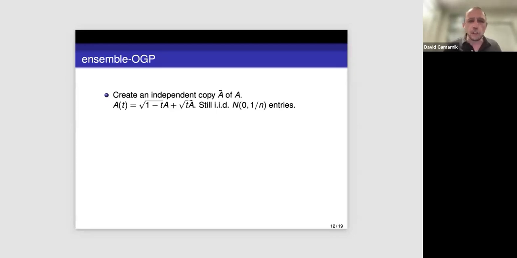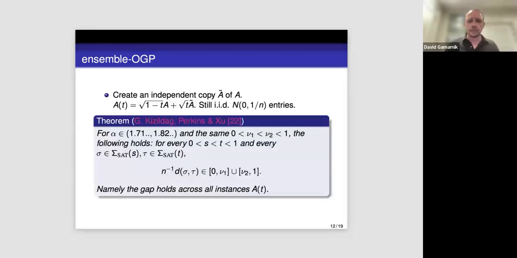Then you create a flow from A to A tilde, which is A of t. This is the standard Gaussian flow from one Gaussian matrix to another, which shows up in many Gaussian analyses. It's easy to see that every A of t is Gaussian, so it's a legitimate instance of our problem. Still IIDs, still normal entries.